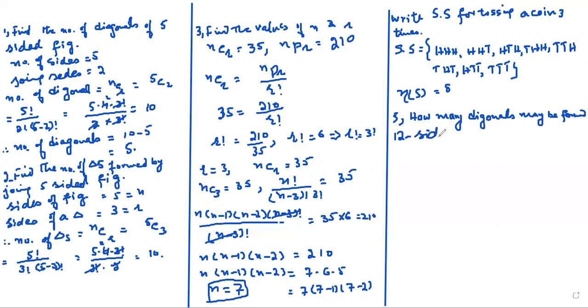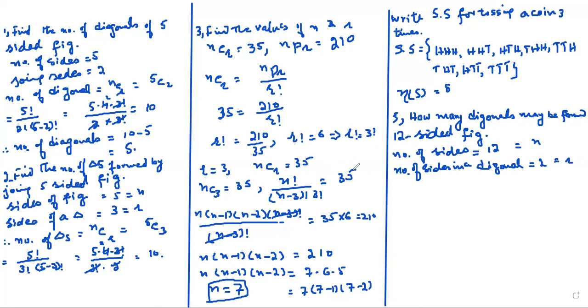Now we'll do the same. So number of sides equals 12, and the number of sides in a diagonal is 2. This is n, and this is r. So just find nCr.